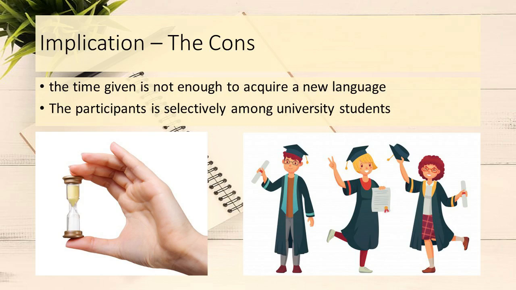If we see Krashen's output hypothesis, we need both input and output. The input is there, but the output of having a conversation, as related to Swain's output hypothesis, does not exist in this research. Other than that, the time given is not enough to acquire a new language.